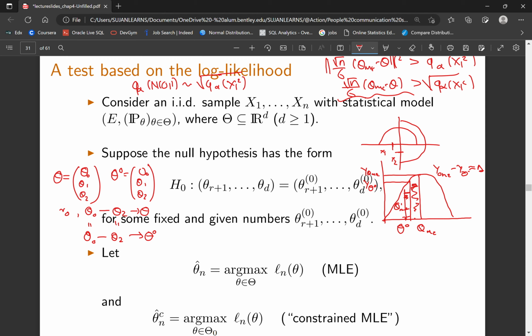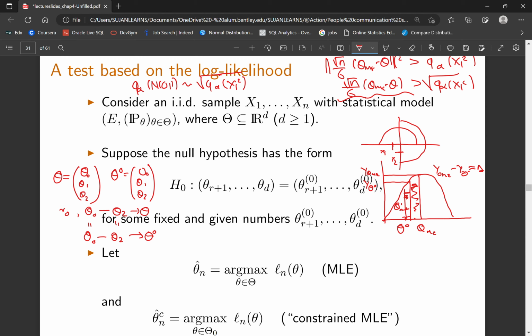So what have we discussed till now? In the past, we did a test of whether theta naught is equal to theta MLE, and that was based on the x-axis of the Gaussian. Now we will test whether theta naught is equal to theta MLE, not based on the x-axis but based upon the y-axis.